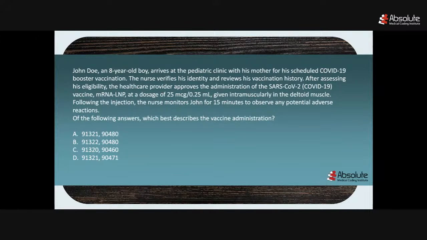The nurse verifies his identity and reviews his vaccination history. After assessing his eligibility, the healthcare provider approves the administration of SARS-CoV-2, which is COVID-19 vaccine, mRNA LNP, at a dosage of 25 mcg per 0.25 ml, given intramuscularly in the deltoid muscle. Following the injection, the nurse monitors John for 15 minutes to observe any potential adverse reaction.